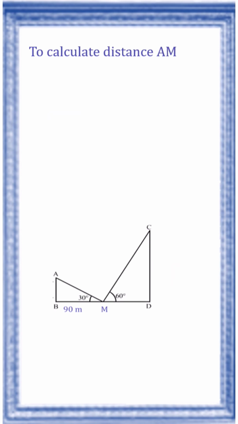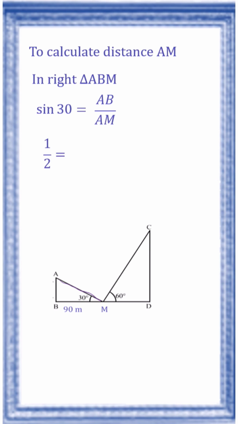To calculate the distance AM, in right triangle ABM, observe the figure, sin 30, because we have to calculate the hypotenuse. That is equal to AB by, opposite by hypotenuse, AM.